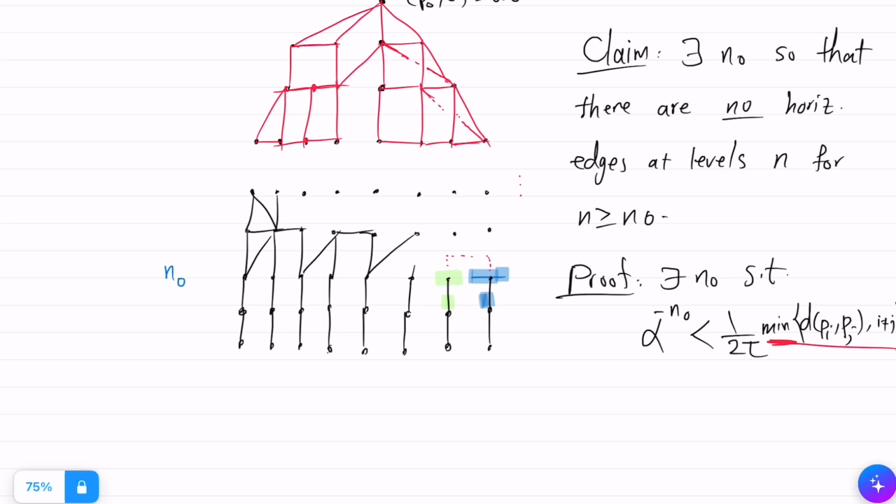Okay, so in this case, for instance, you can see that when you go further down, the distance between these two will go towards infinity, because you have to travel all the way to the level before and not be able to connect with the path.